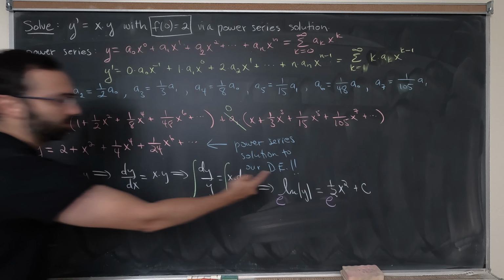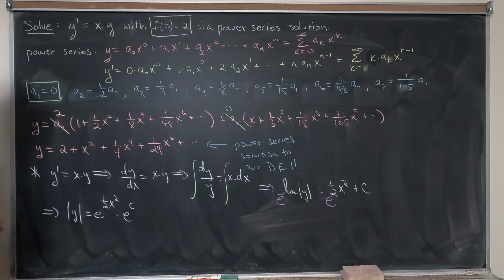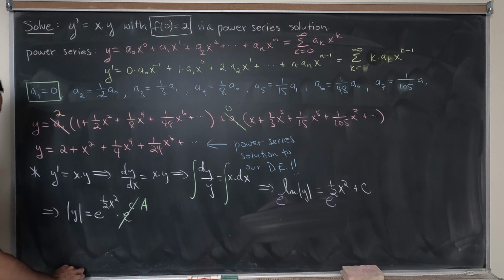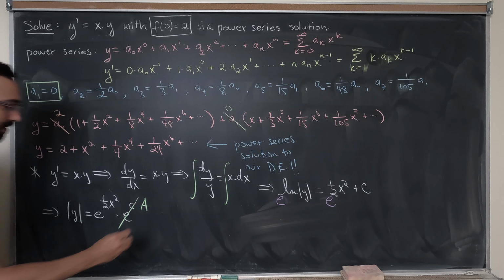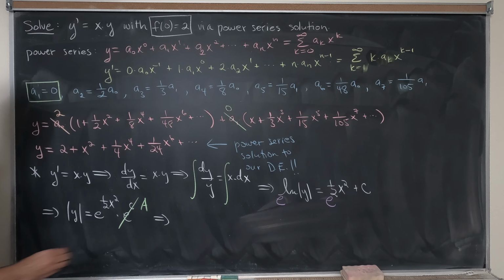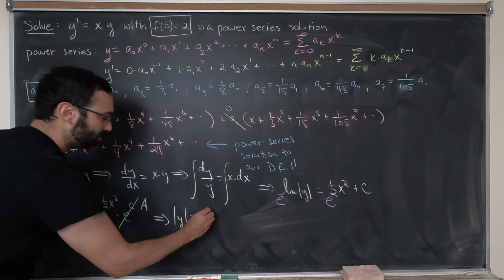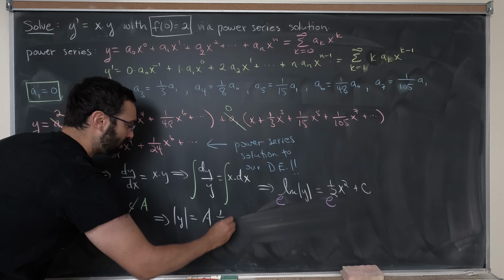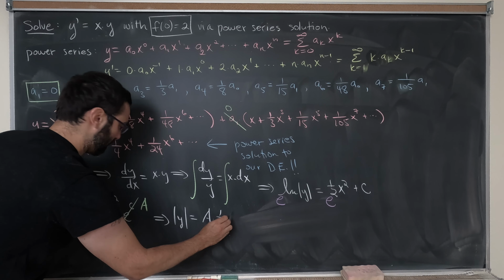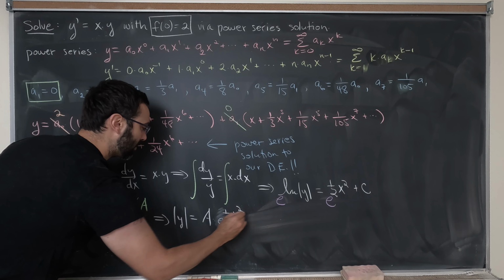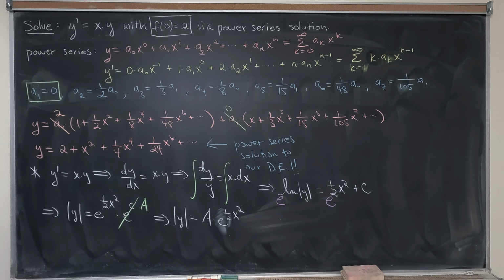So this is equivalent to this. Okay, well, this e to the power c, we can just call it a constant, let's say a. And so what we obtain now is that the magnitude of y equals a times e to the power half x squared.